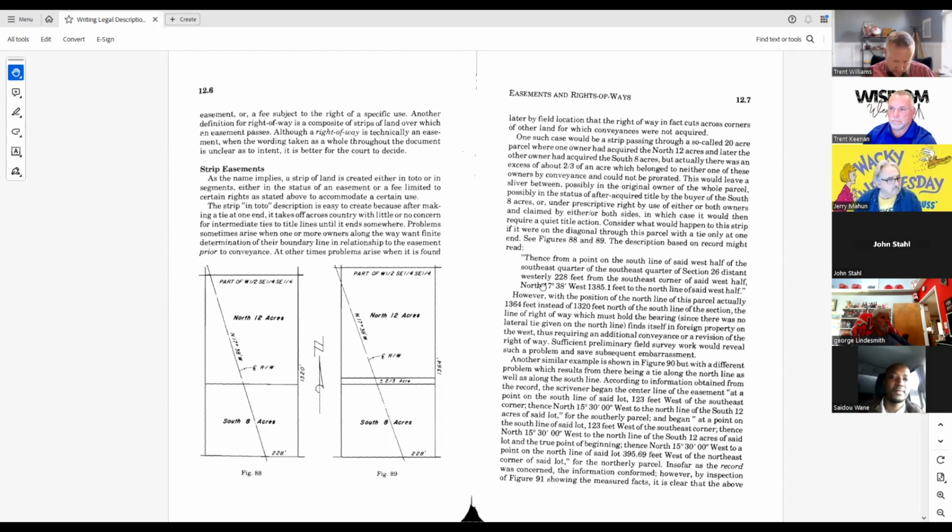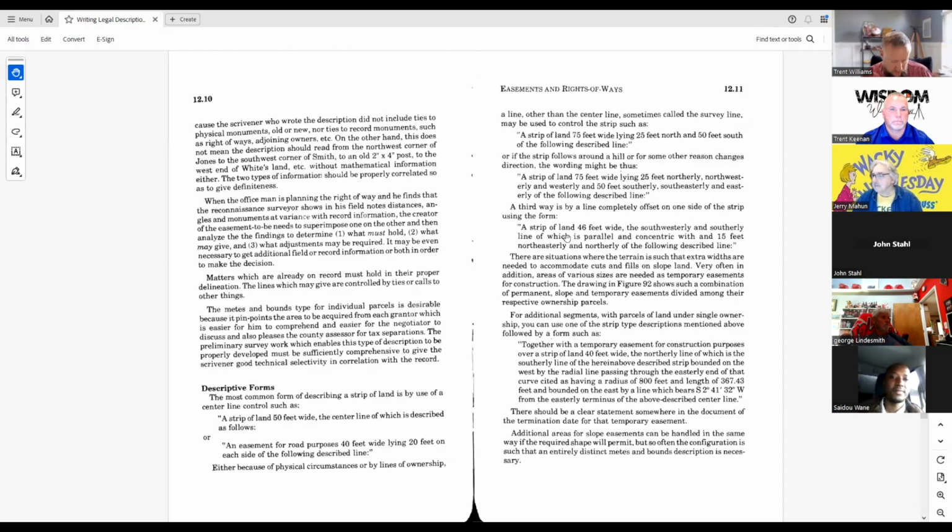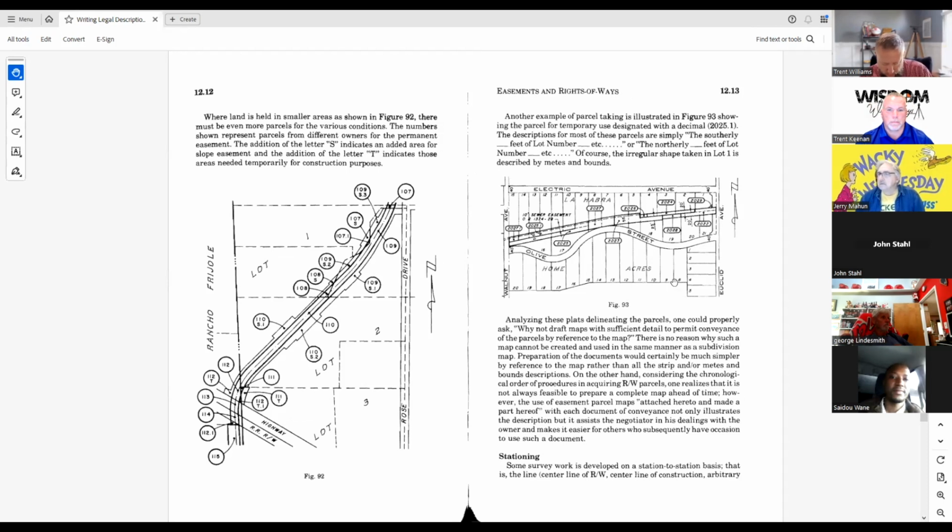He talks about, I'm jumping over to 12:13 here, he starts talking about stationing, which is always a challenging thing. We see this more on DOT type projects, occasionally on oil or pipeline projects.